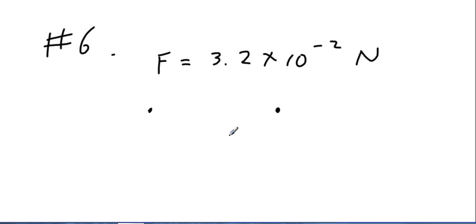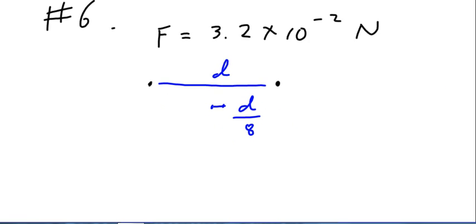The force is a positive force, so it's an attracting force. The issue is, what will the force be if they're moved to 1/8 the distance? So I've got some distance there, and I've got some new distance, d over 8. All right, so that's the issue.